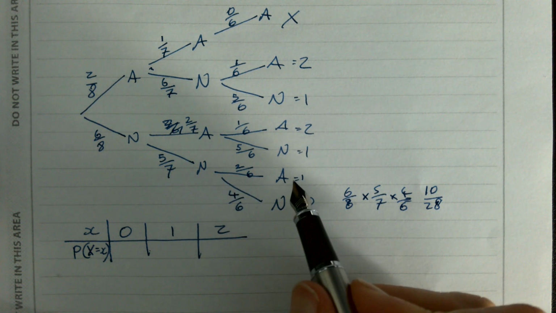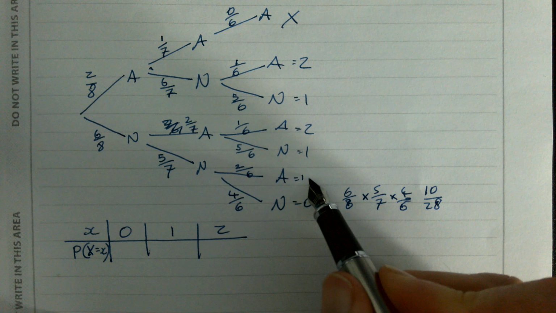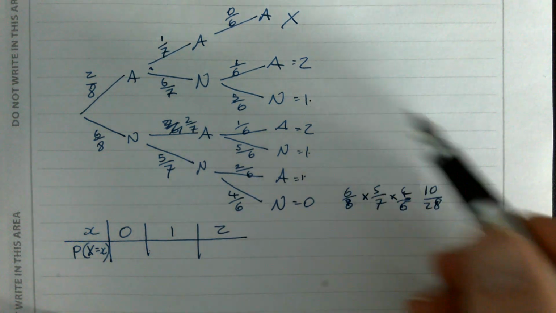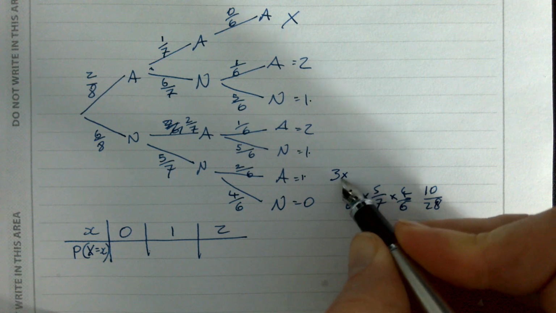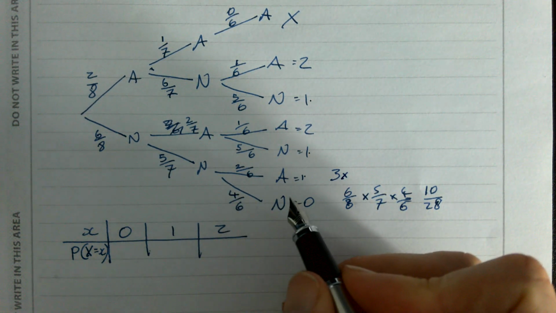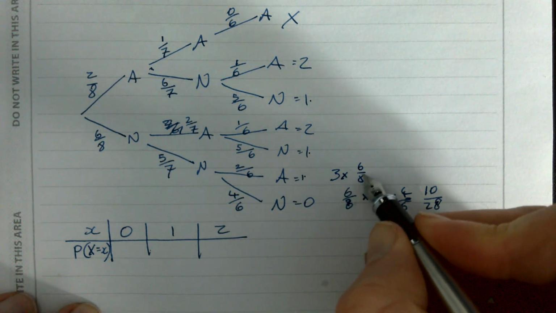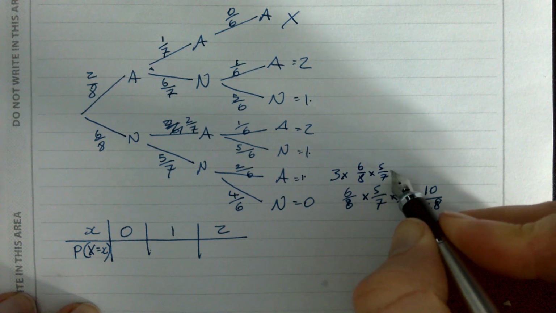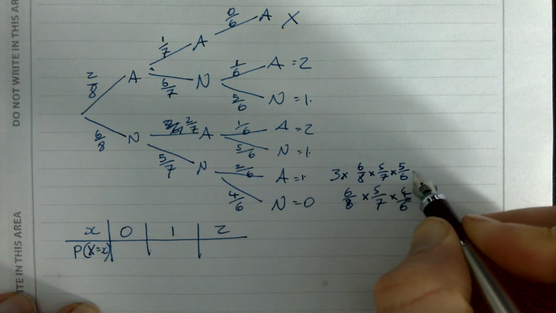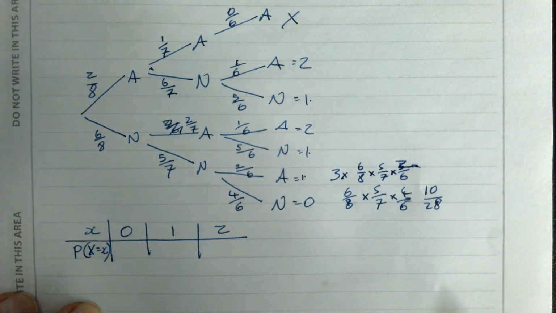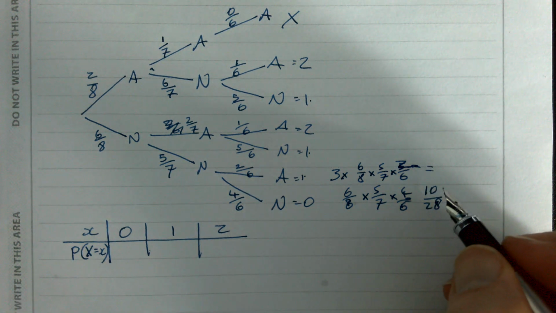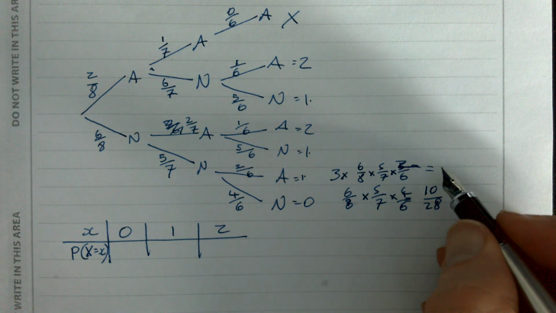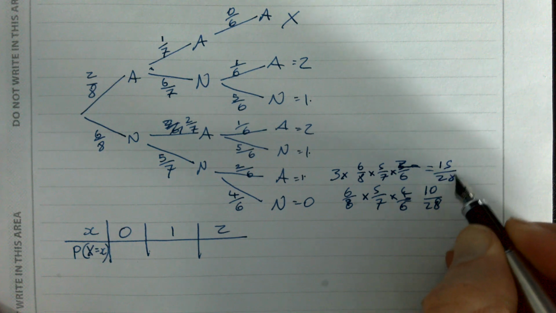For the single one, you have got 1, 2, 3 ways of doing it. So you're going to have 3 times, and it's always going to be the same thing. It's going to be 6 over 8 times 5 over 7 times 2 over 6. It's just the order that'll change a little bit on there. If you put that into the calculator, you get 15 out of 28.